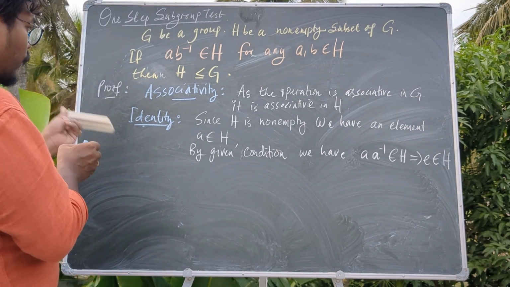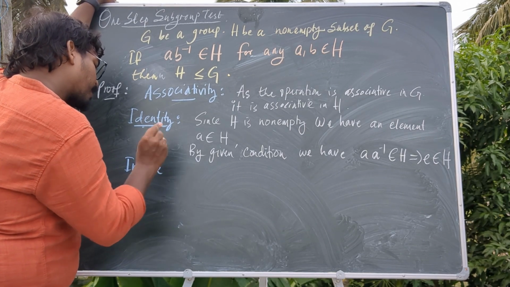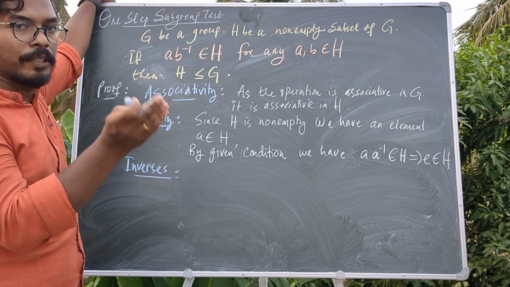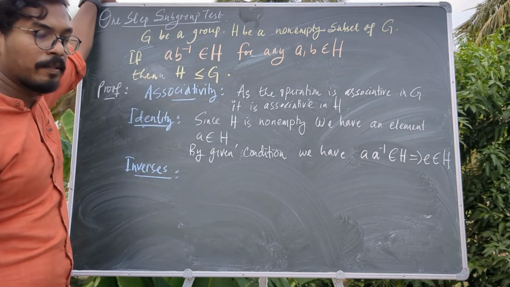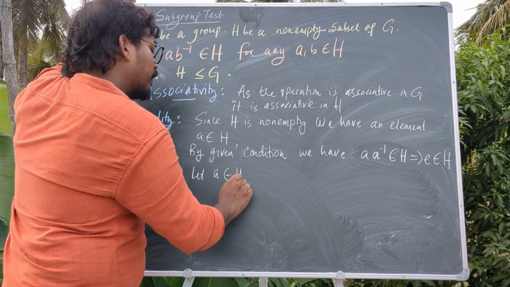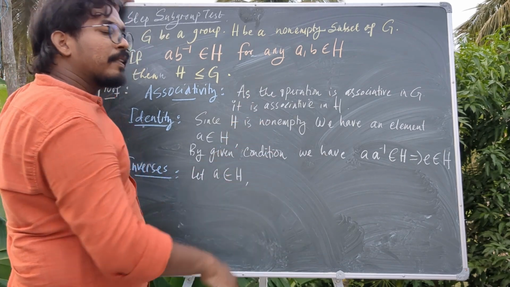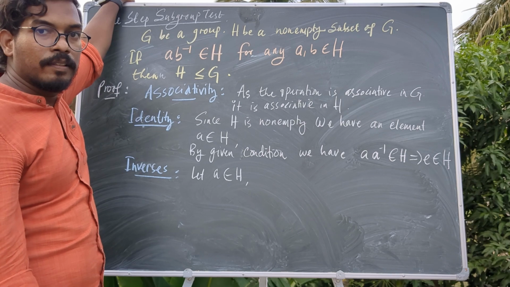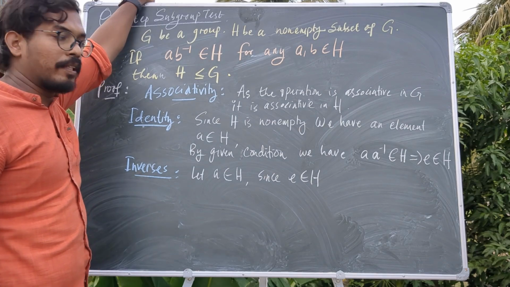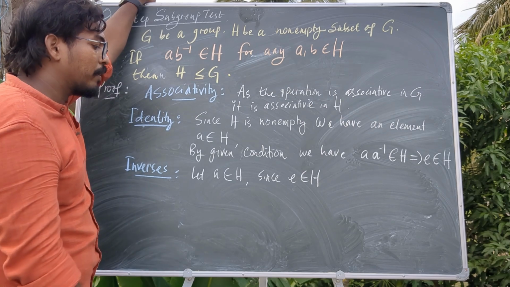Next we will show the inverse. We'll show that for any element in the subset H, its inverse also belongs to the subset H. And we will start from any arbitrary element A in the subset H. Since identity is in the subset H, we have one element identity and we are taking another element A. It can be identity, it can be any other element.